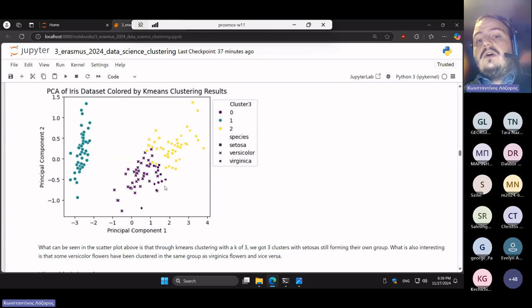So even though they belong into the same species, in the same kind of category, what we've seen through these plots, through this representation, is that the final result showcases that although they belong in the same category, they are not really all that close to each other in practical terms. And this is another insight that we can use in order to be able to find even the most subtle of differences between samples that belong in the same kind of category.